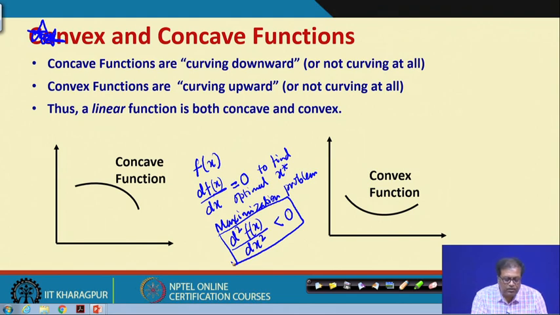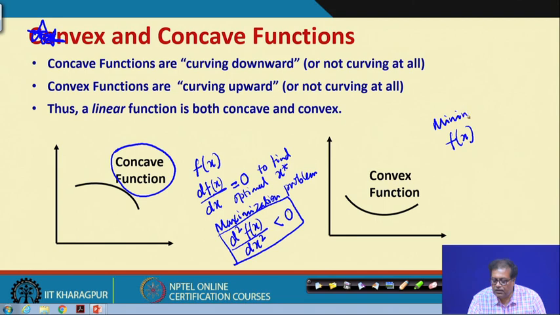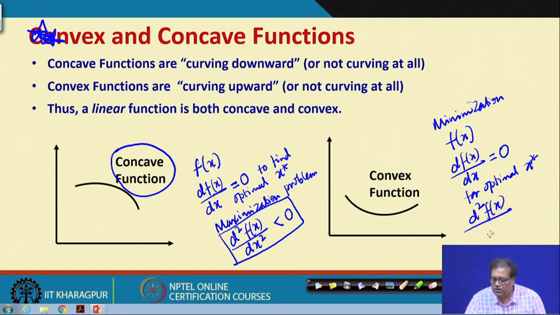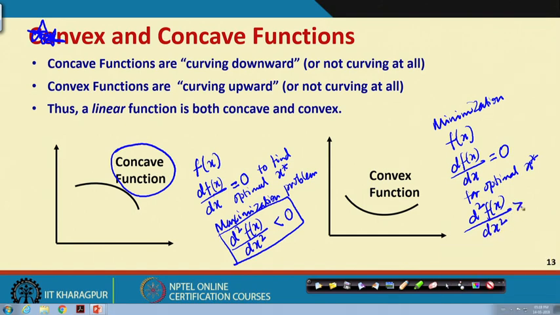So you can see that if you are having a maximization problem, then your objective function should be concave. On the other hand, for a minimization problem, we again have df(x)/dx equal to 0 for optimal x star, but we must have the second derivative positive.